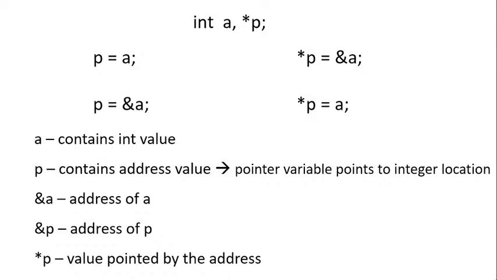So A's location will be copied to P. In ampersand A, what will be there? In ampersand A, the address of A will be there. In ampersand P, what will be there? The address of P will be there. What will be star P? The value pointed to by the P variable. So star P is pointing at A, so that value will be printed.